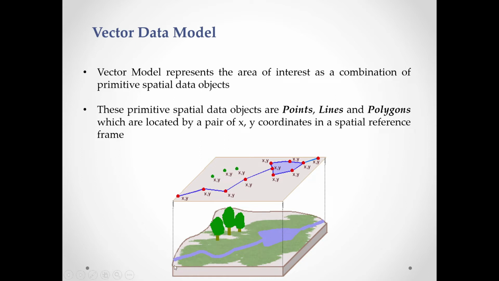As you can see, this is the river, and we have used the line for representing the river, and this area, this water body, the polygon is used for representing this water body, and again for this river the line is used, and for representing the trees we have used 3 dots with XY values.